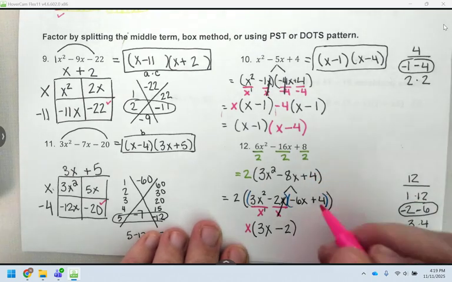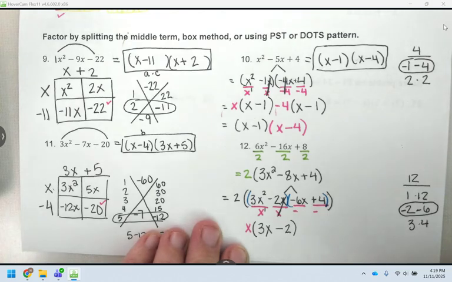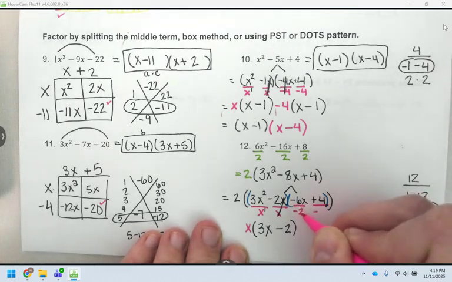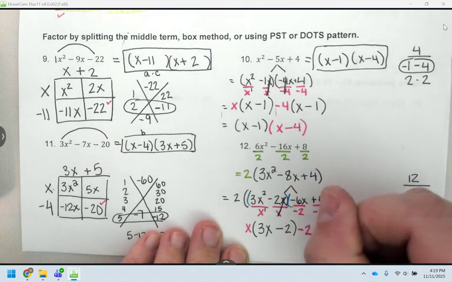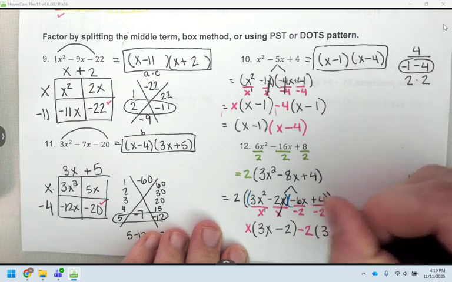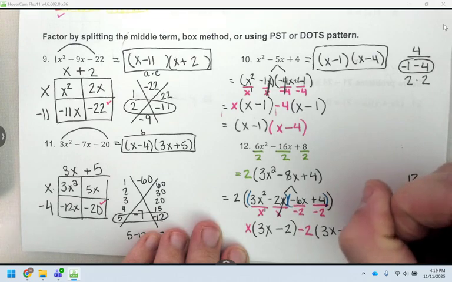And then again, if this first number is negative, your GCF has to be negative. They both can be divided by 2. And let's see what we get. So this becomes a positive 3x. 4 divided by negative 2 is a negative 2.